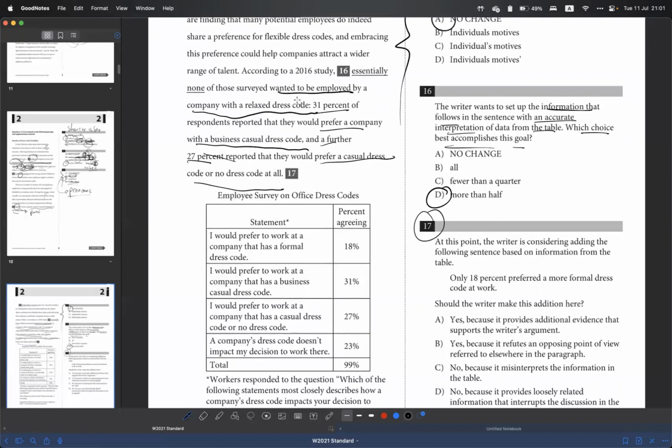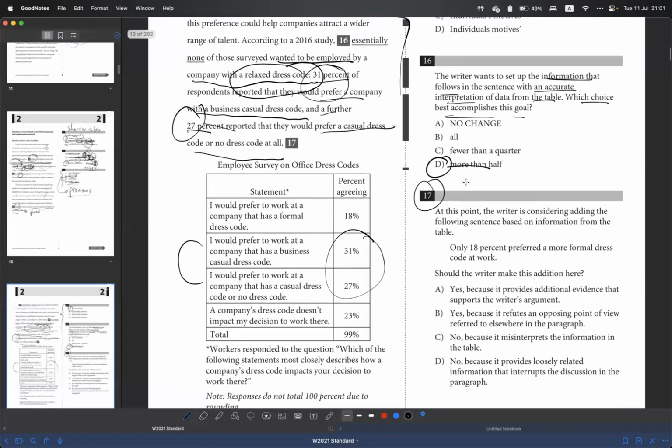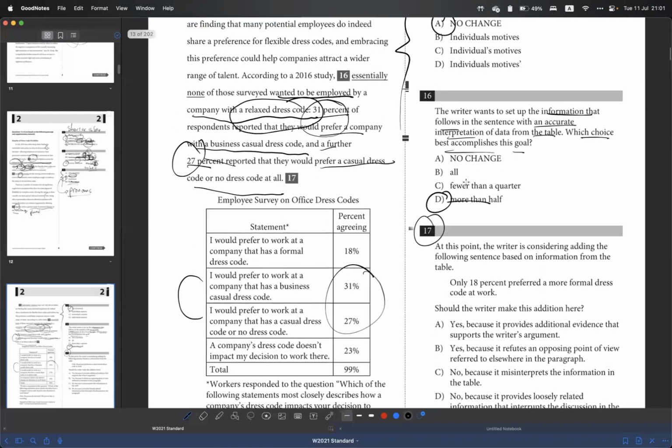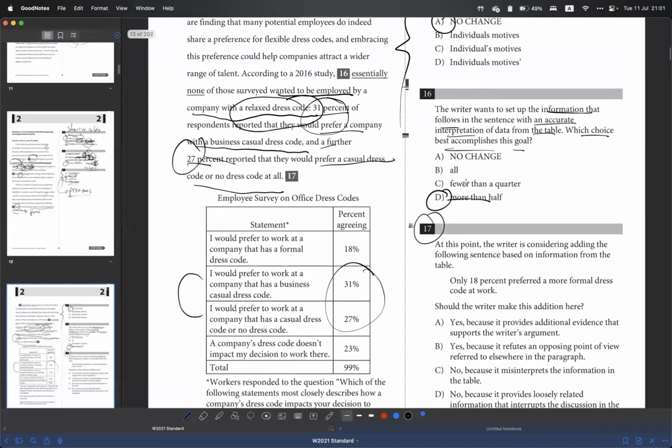Yeah, it's more than half, because 31 plus 27 is 58, so it's more than half. They would prefer to have a relaxed dress code, so it's more than half. Exactly.